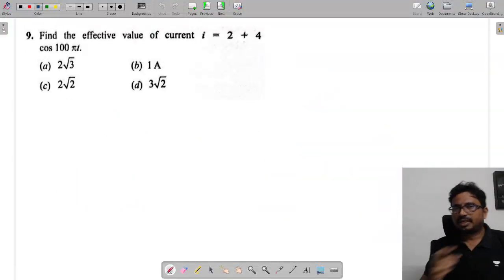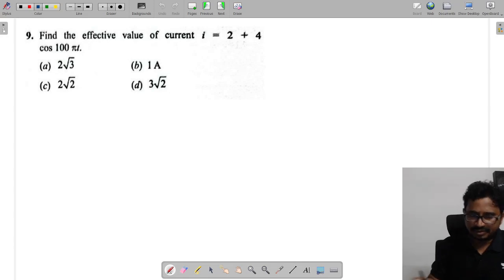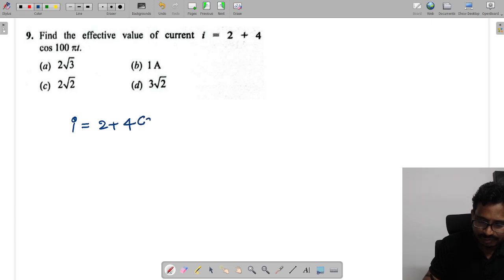Next. Effective value. Effective value means the RMS value. They have given this current: 2 plus 4 cos of 100 pi t. Now what is the RMS value?